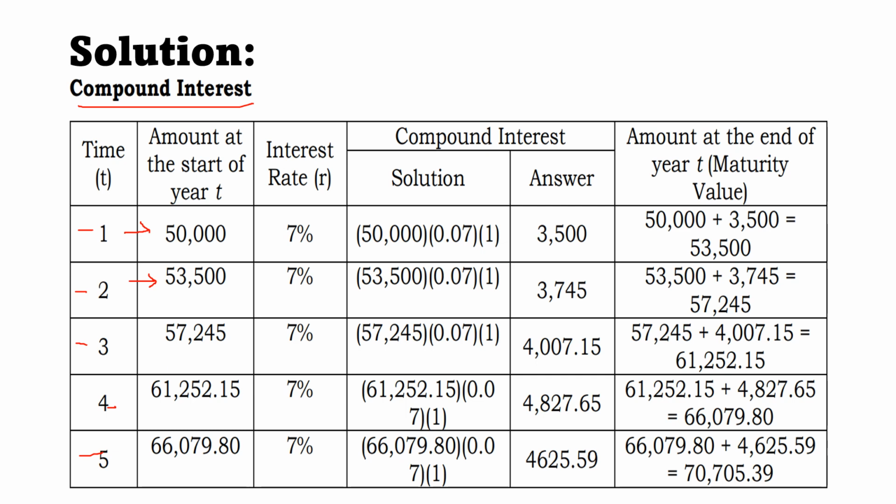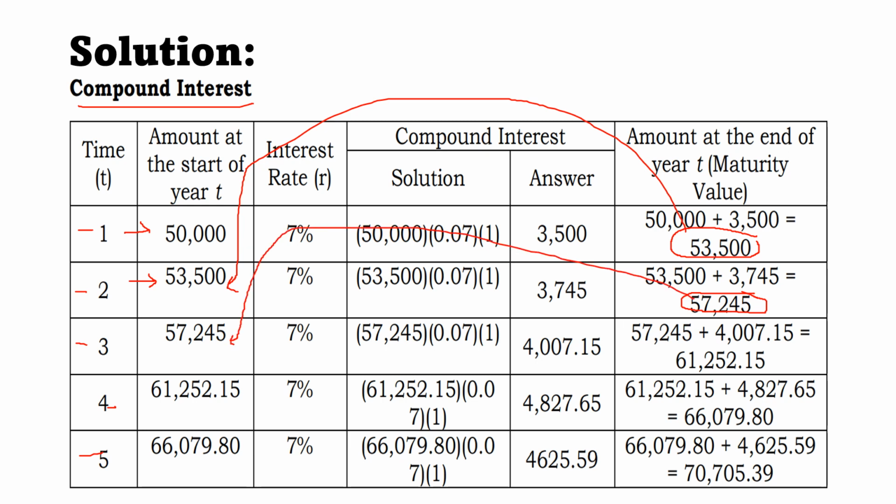That's why, if this is the future value or the maturity value in your first year payment, as you can see on this table, it becomes your principal in your second year of payment. Same thing with the maturity value in your second year of payment, it becomes your principal in your third year.